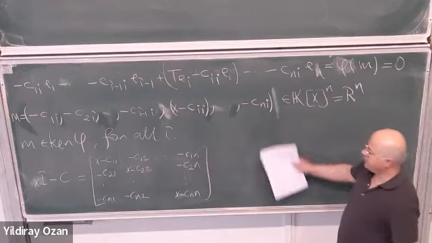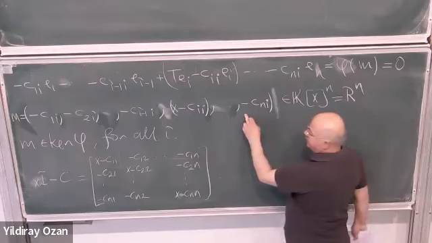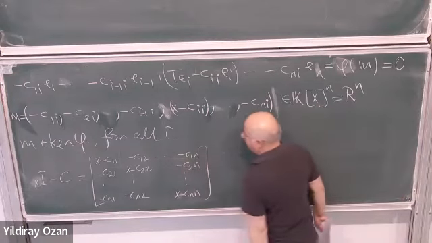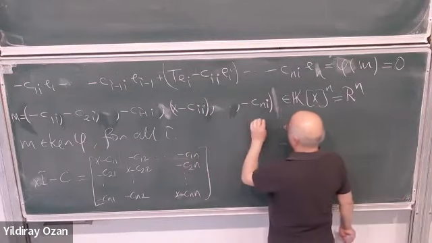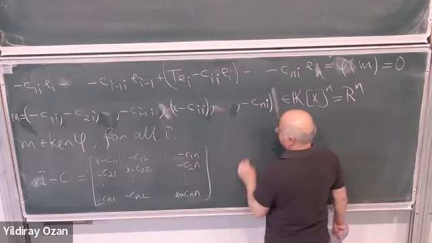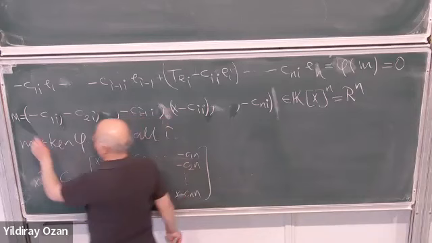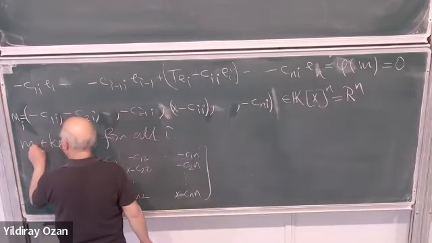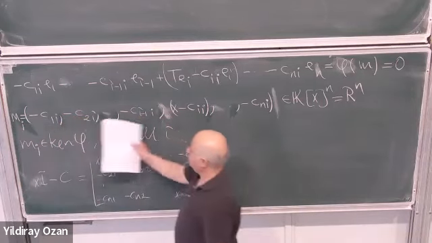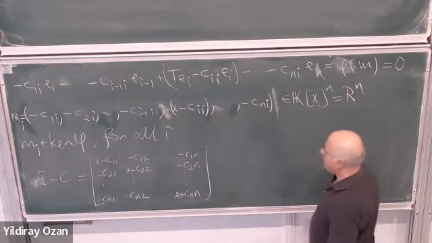And what we see is that this thing is just the ith column of this matrix, right? So this M, let me call it Mi maybe, because it's indexed by i.